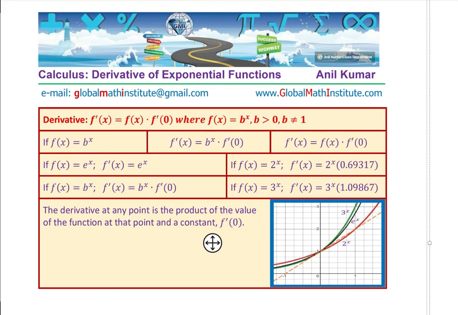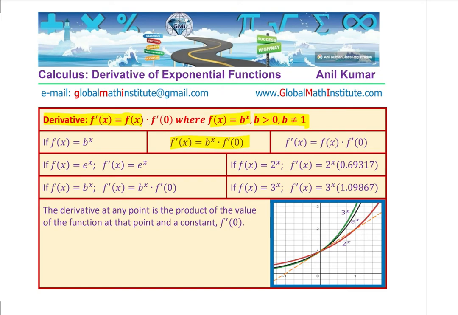So we can now summarize our result for the derivative, which we have just done. The derivative of the function f of x, where f of x is b to the power of x, and b is greater than 0 but not equal to 1, is given by the value of the function times the derivative at the y-intercept, which is a constant.